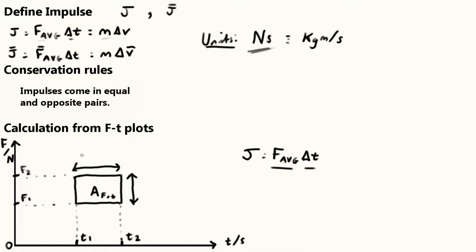We would have a force, F2 minus F1, and a time, T2 minus T1. As you can see, this area, AFT, is equal to a force times a time. And therefore, we can actually say that when looking at a graph, we can ignore this average force, as we can actually see the force at every point in time. The impulse is actually equal to the area of a force time graph.